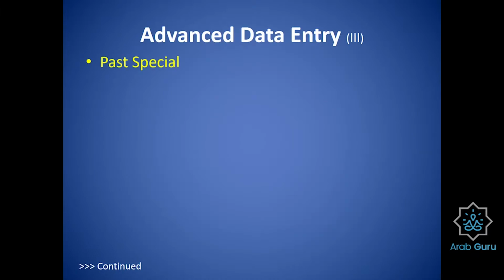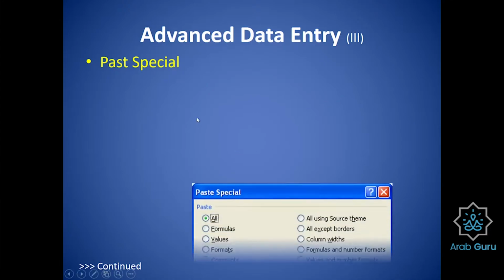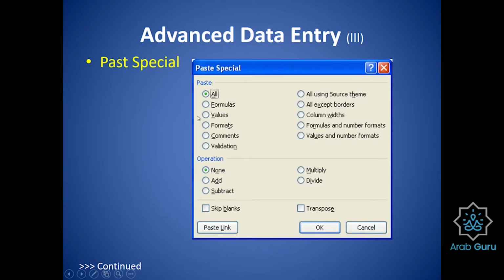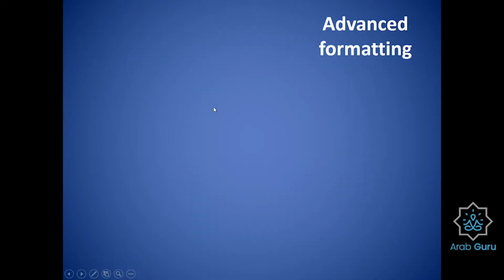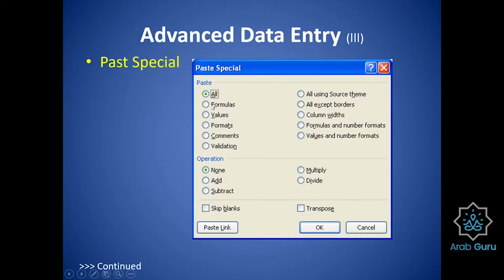Also, we finalized our session by talking about paste special, and we have discussed this part that we can copy and then paste the full cell by choosing all. This is the default, or we can paste only a special part of this cell, like for example formulas only, values only, and so on.